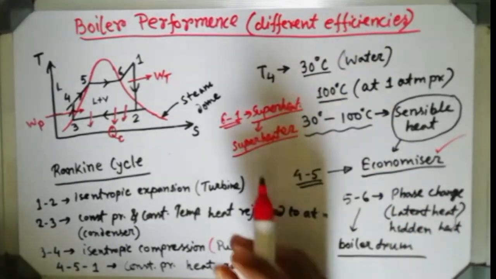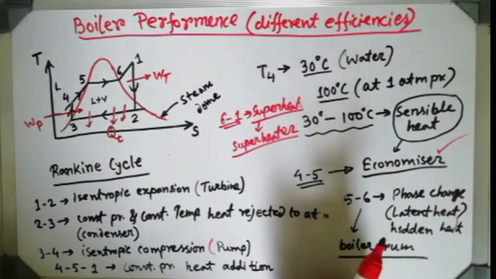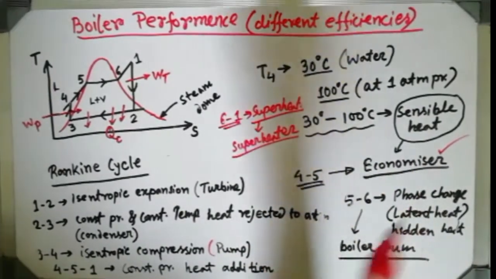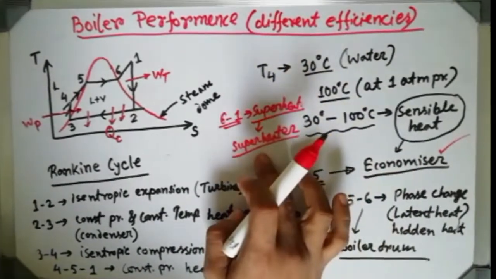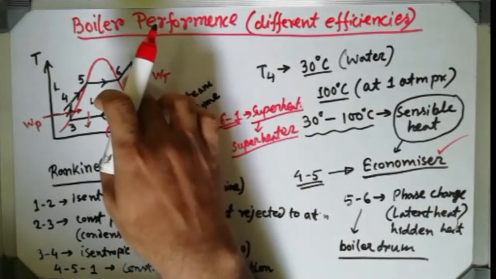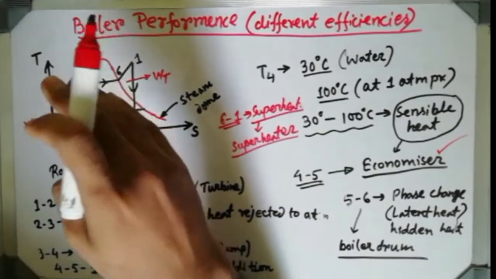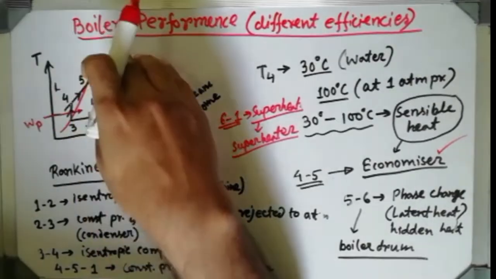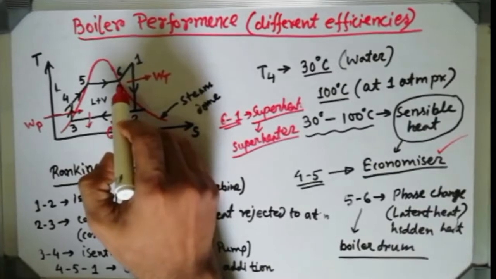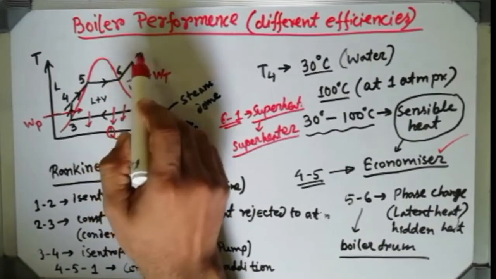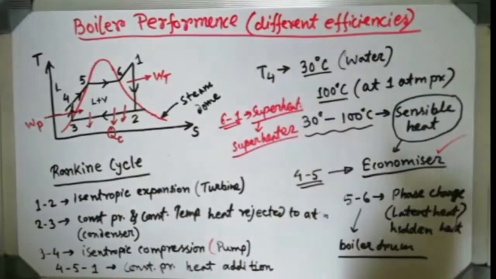While the exhaust gas is going to the chimney, it still has lots of heat inside it, and that exhaust flue gas heat will be utilized by the superheater to reheat the steam, to raise the temperature from its saturation temperature up to its superheating temperature. In this diagram, from 6 to 1, the temperature is being raised with the help of that superheater accessory.